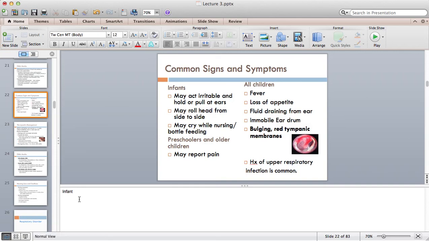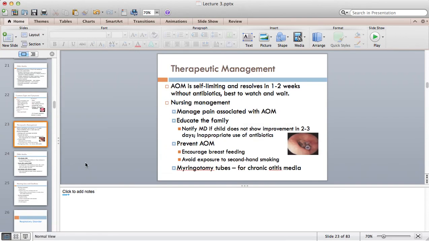Now, all children, once they have otitis media, will present with fever. Sometimes that fever can be as high as 102, 104. They will have lost their appetite.